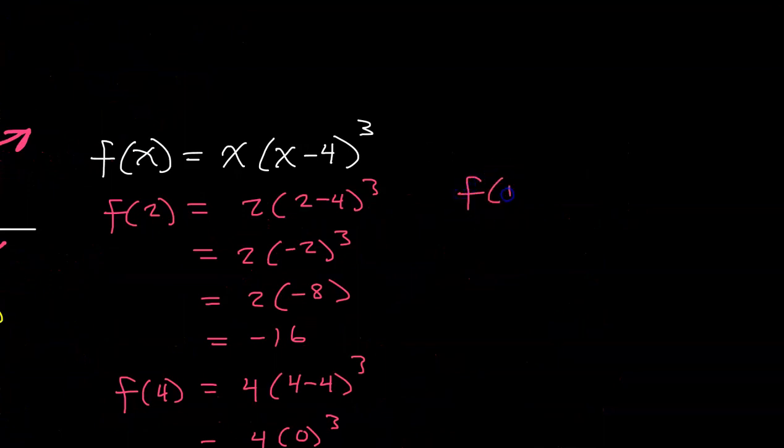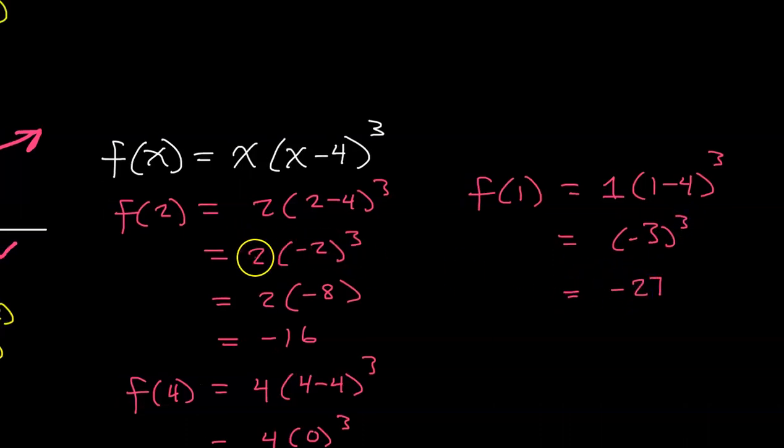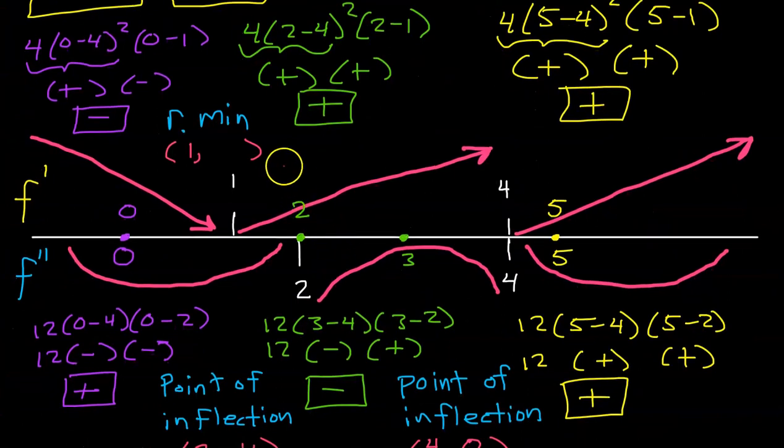So let's evaluate f at 1, which will be 1 times (1 minus 4) to the third power, which is just going to be negative 3 to the third power, which will be negative 27. Okay. So 1 comma negative 27, that's a big graph, but that's going to be a relative min.